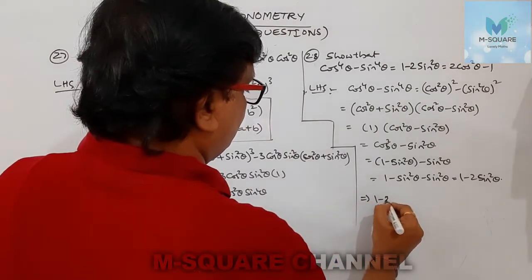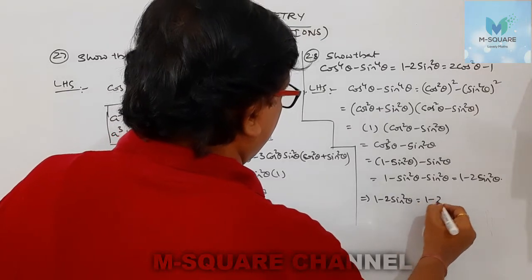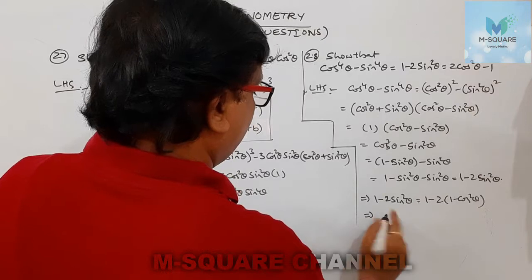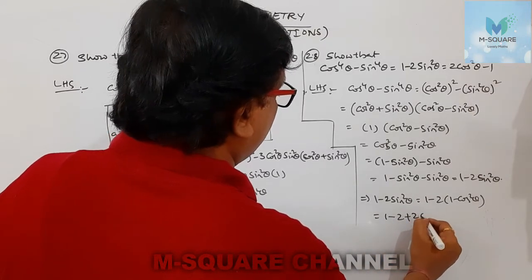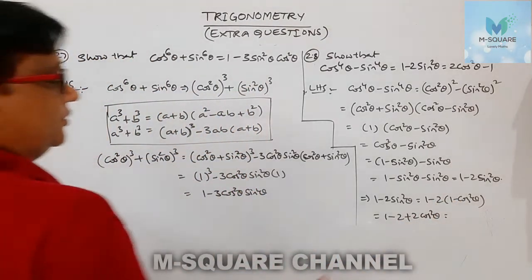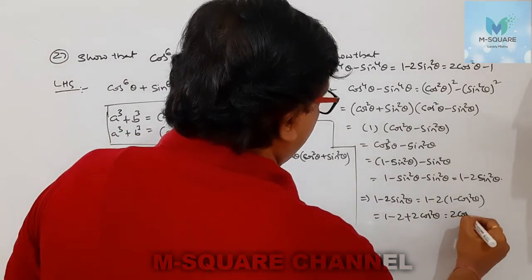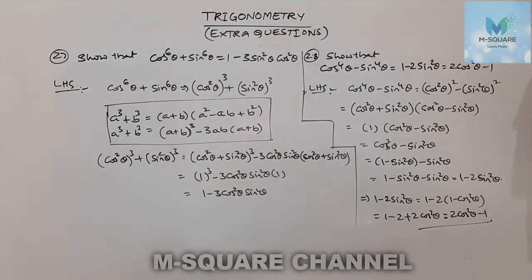So 1 minus 2 sin square theta, the sin square theta we are going to change again. 1 minus 2 into 1 minus cos square theta. So we get 1 minus 2 plus 2 cos square theta. Minus into minus plus 2 cos square theta. So minus 1, so 2 cos square theta minus 1.